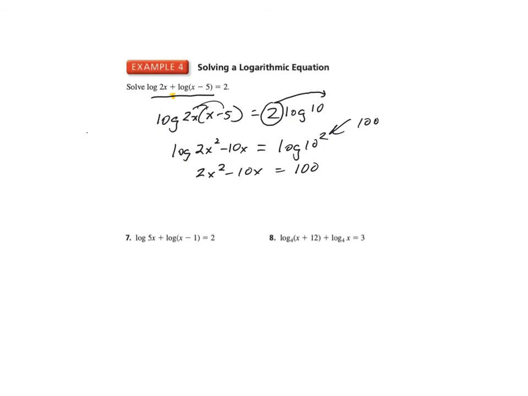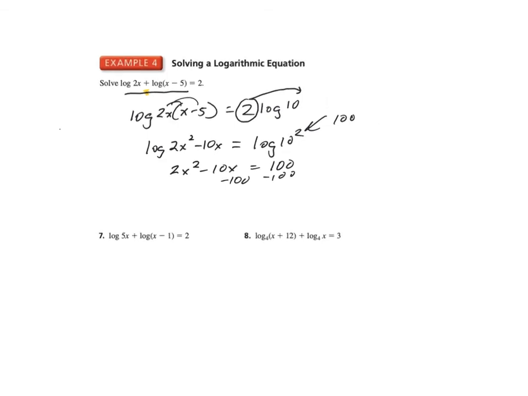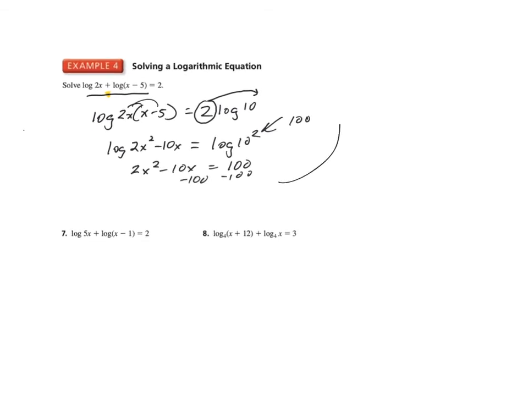This is a quadratic, so we're going to set it equal to 0 by subtracting 100 from both sides. See if this all comes back to you. Let me make some more space for us over here. Now I have 2x squared minus 10x minus 100 equals 0.